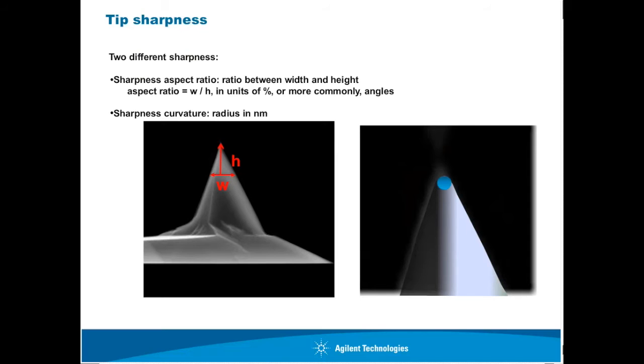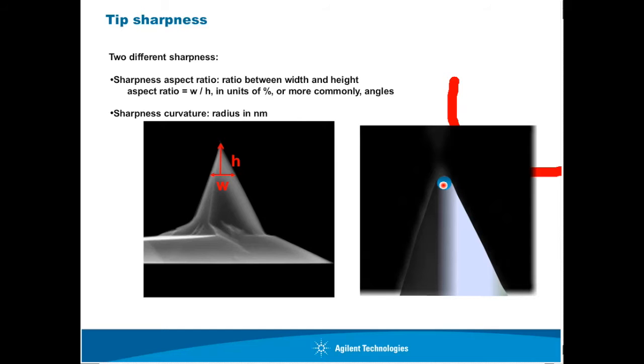There are two different parts of the cantilever tip. The second part is the very end of the tip, which is described by its curvature radius. If you equate this tip with a sphere, the radius of the sphere determines the sharpness of that very end. And therefore, this can be used to describe the sharpness of the tip.